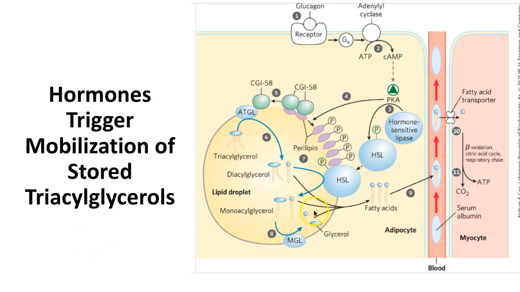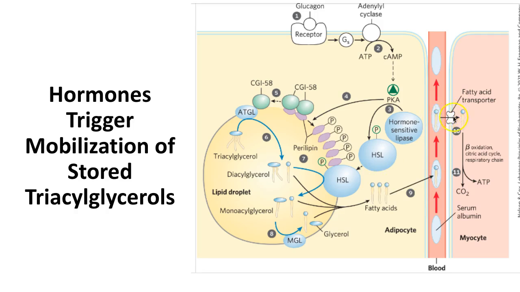So this is the process that is going to be described in this series, where you have the triacylglycerol in this fat droplet, where it eventually gets degraded. Once it's broken down into free fatty acids and glycerol, it can be transported into the bloodstream, and this is the serum albumin that attaches to the fatty acids to transport them in the blood.